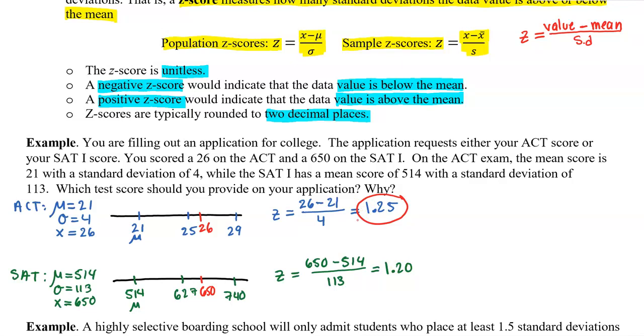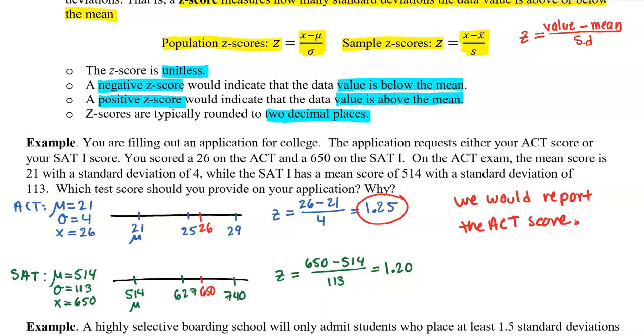It tells you that you've done much better than the average student as opposed to the SAT. And so in this case, we would report the ACT score on the application because it has a higher z-score and tells us it is higher above the mean.